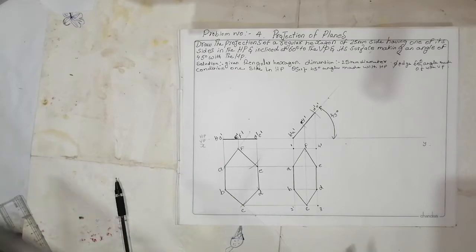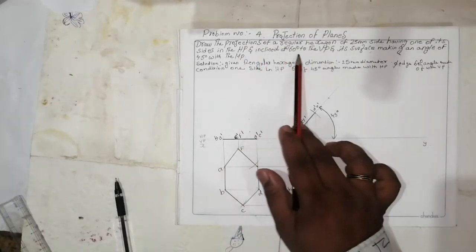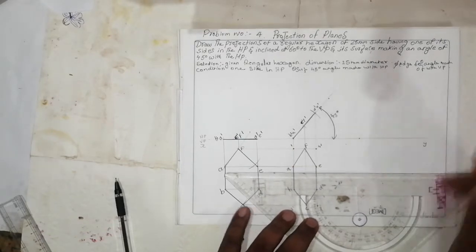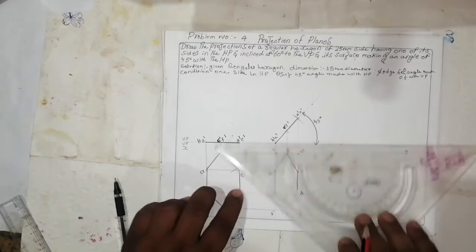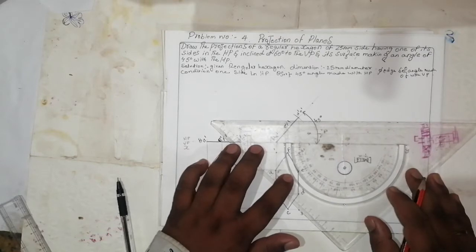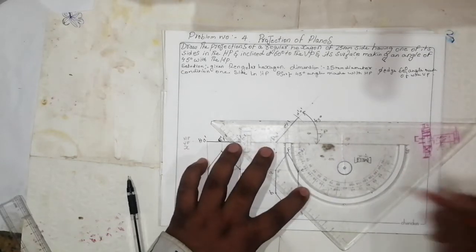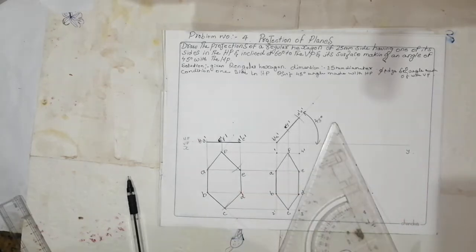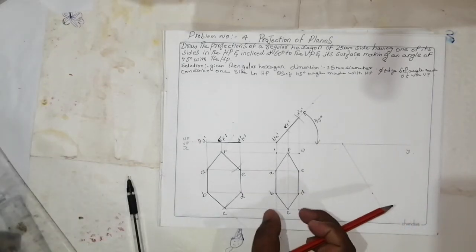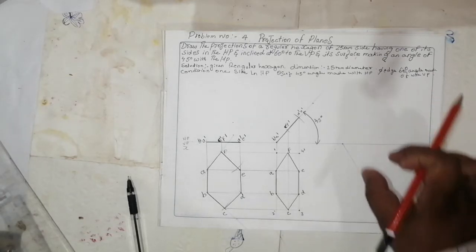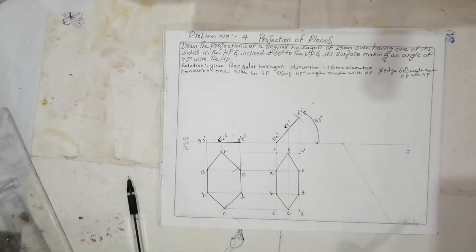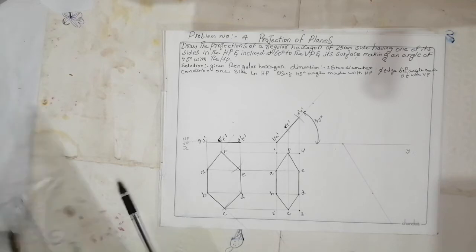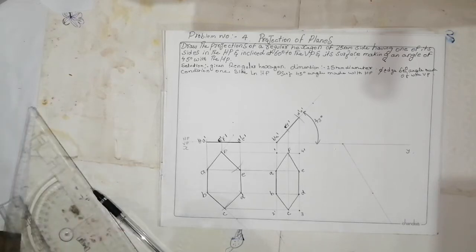After that, the HP and inclined angle is 60 degree to the VP. Make one point here, using a protractor, mark 60 degree, so that you will get a line like this. What the square has come, we have to cut here. So the angle I have taken is 60 degree. By using the compass, we can make it very easily.